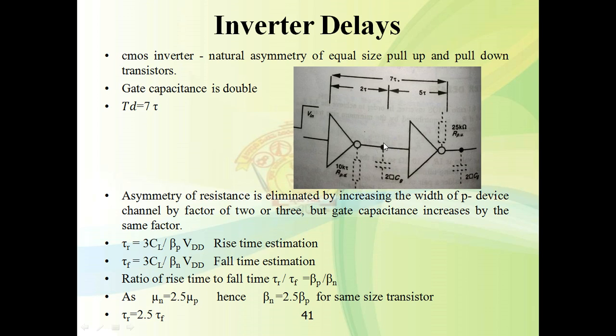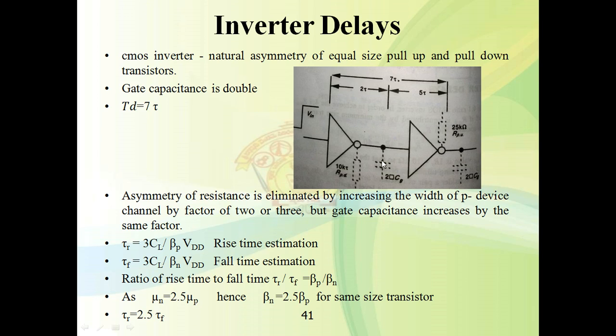Then the pull up transistor will be on, charging the input capacitance of the next, 2 square Cg, through 2.5 times 10 kilo ohm, that is 25 kilo ohm, and hence the time required to charge this capacitance is 5 tau.